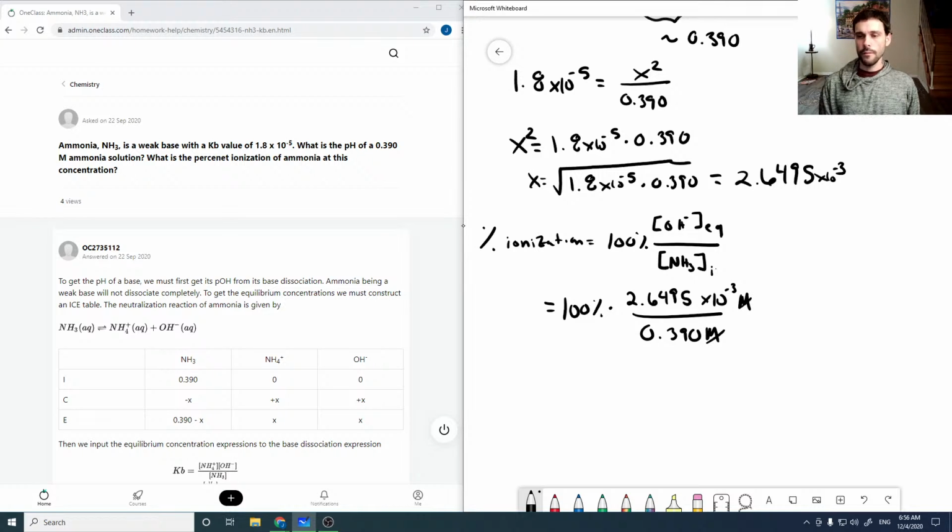So those will cancel. And then if we do this out, it's going to be 0.679%, or about 0.68%. So there's our percent ionization.